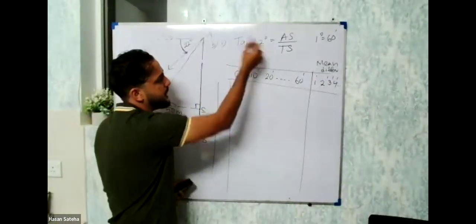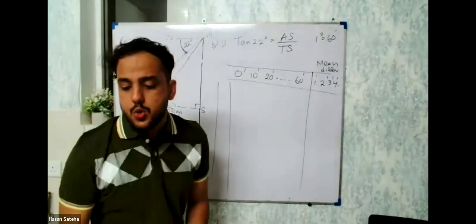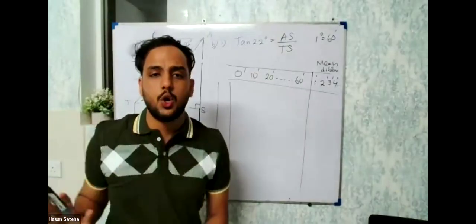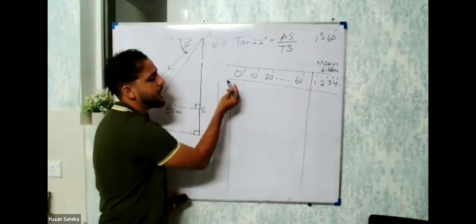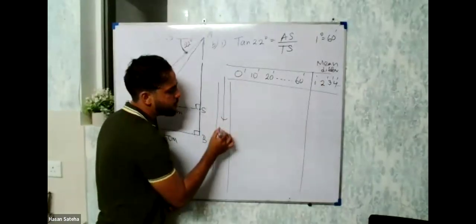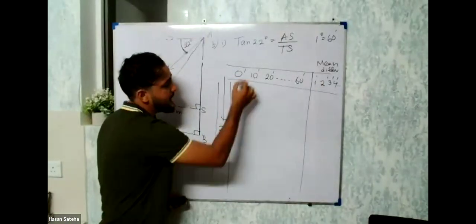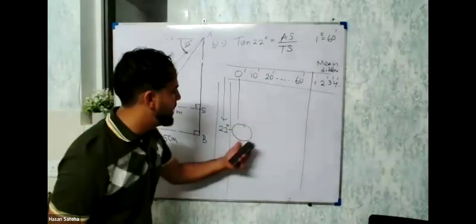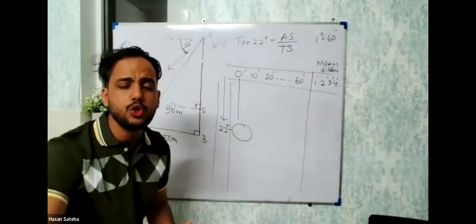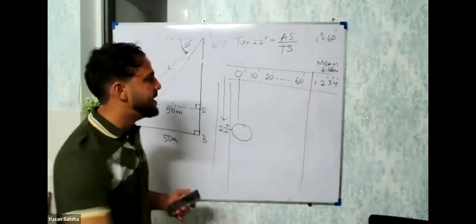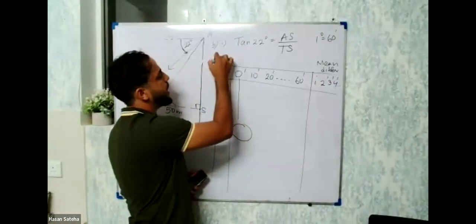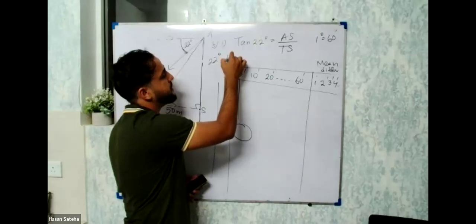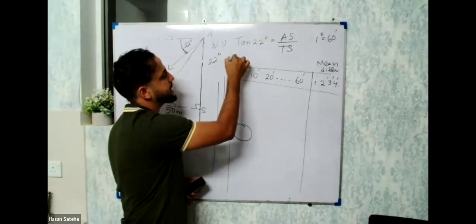Now, for example, here we need to find the value of tan 22 degrees. No minutes at all, 0 minutes. So what do you do? Take your tan table, come to 22 degrees and 0 minutes, then you find this value here. Let's say you need 22 degrees and 20 minutes.